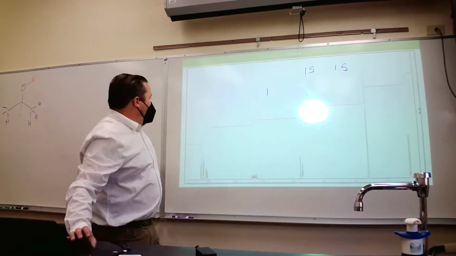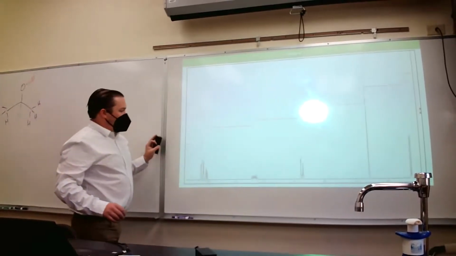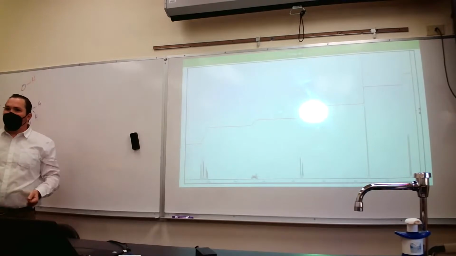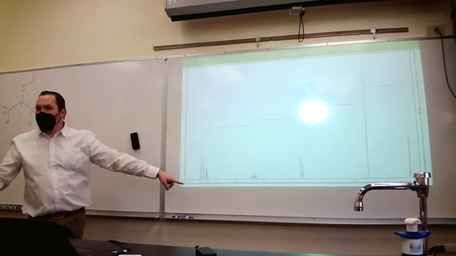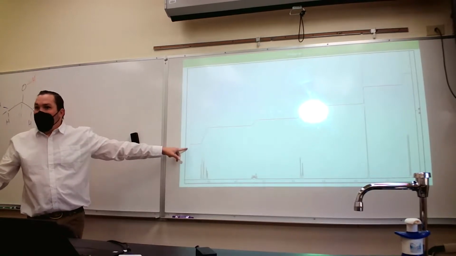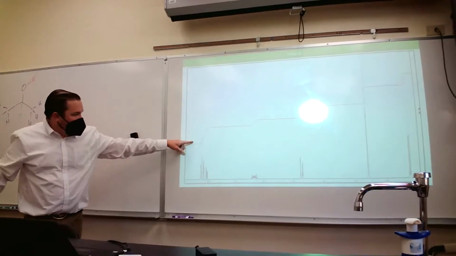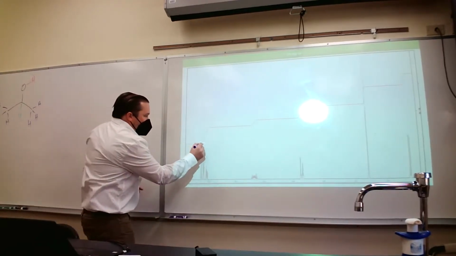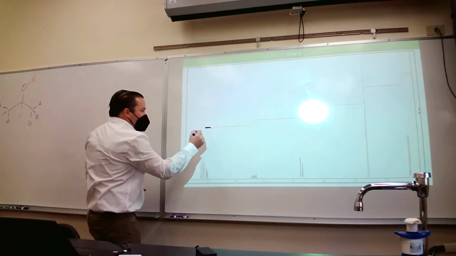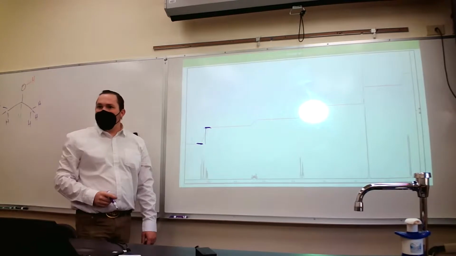This is the other common way that you see the integrals represented. If you don't pick the peaks yourself, it basically just gives you a red line on top of your spectrum. And that is the integral right there. Basically all you do to integrate this is measure the bottom and the top, and you physically get out a ruler and measure that distance.